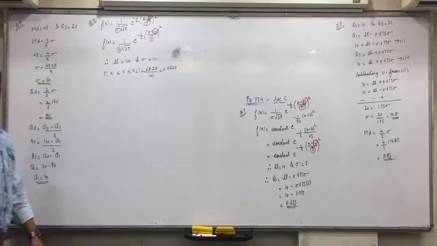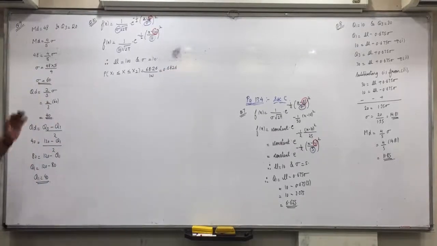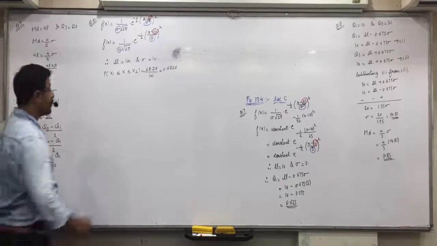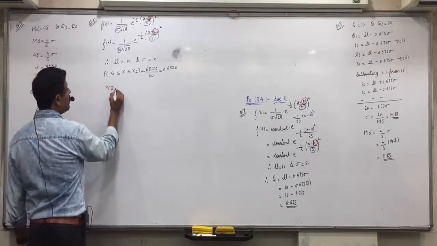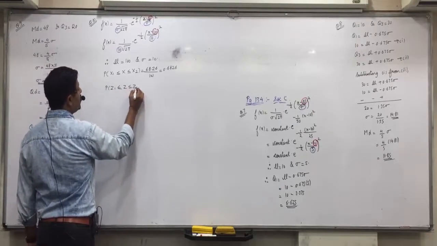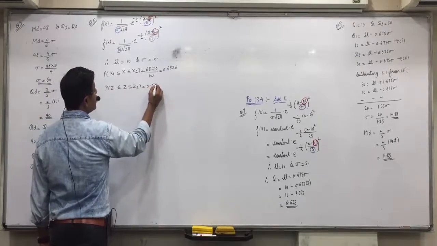So P x1 less than or equal to x less than or equal to x2 equals 68.26 upon 100, 0.6826, means P z1 less than or equal to z less than or equal to z2 is 0.6826.